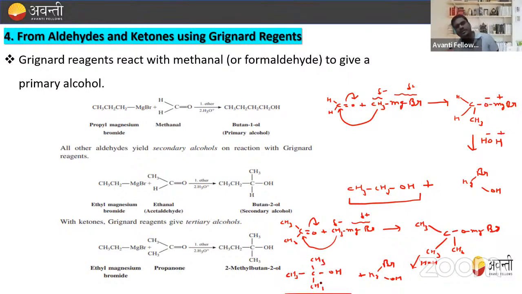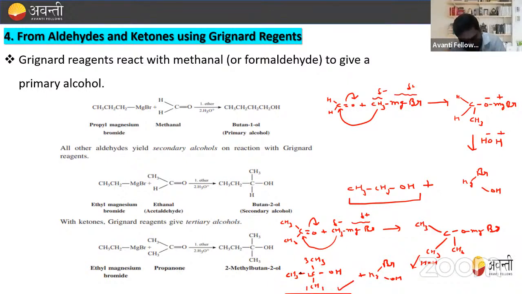So what will you get? Taking the longest chain, that is 1, 2, and 3, so 2-methylpropan-2-ol. So this is what you get, that is 2-methylpropan-2-ol, or we say it is a tertiary alcohol.